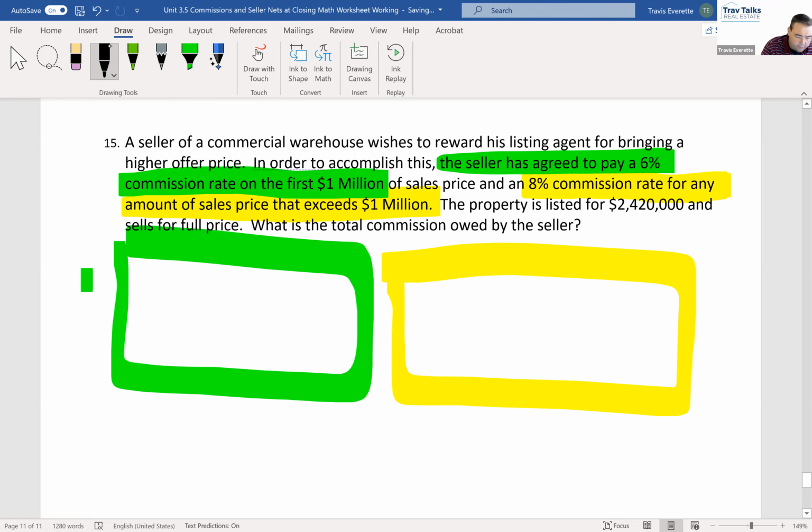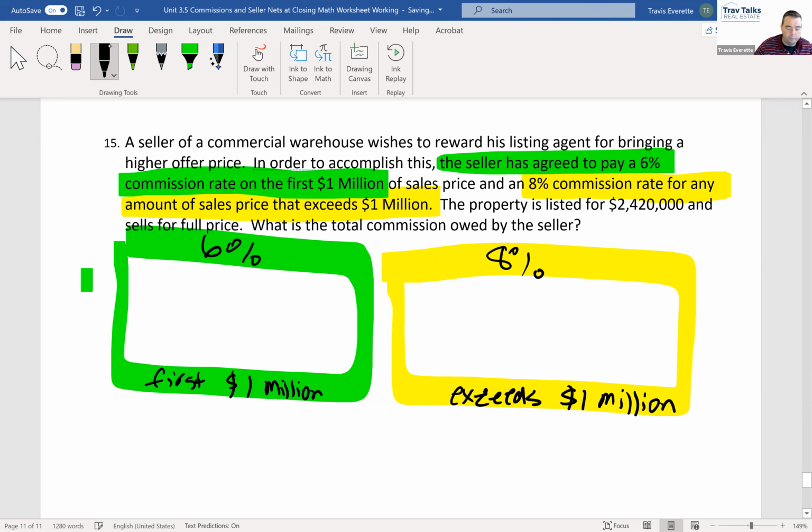The green box, 6% on the first $1 million. The yellow box, 8% on the amount that exceeds $1 million. I always like to do that top one first. So I'm going to do the 8% first.